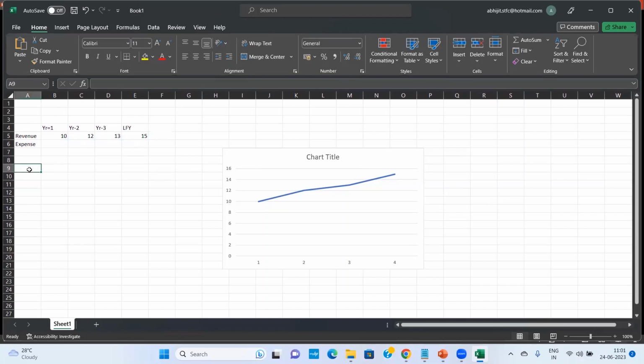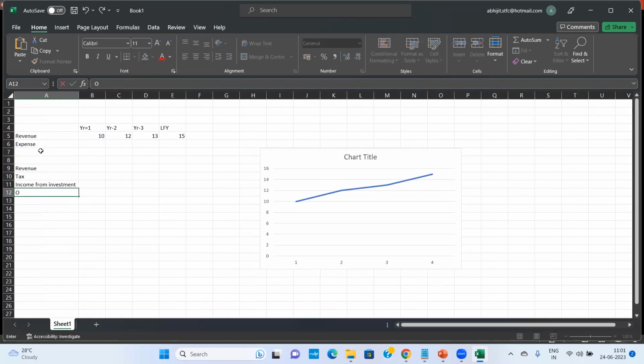Now, suppose you split the revenue into tax, income from investment, and other. Say for tax, you are getting around 8, 9, 7, 6.